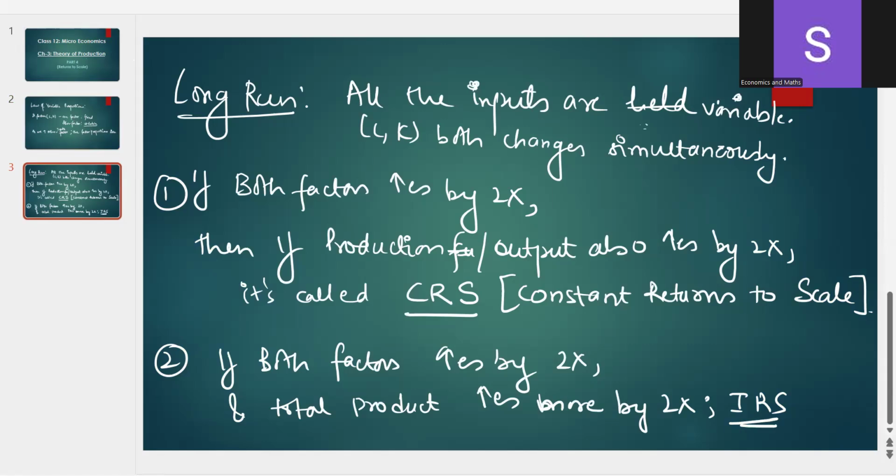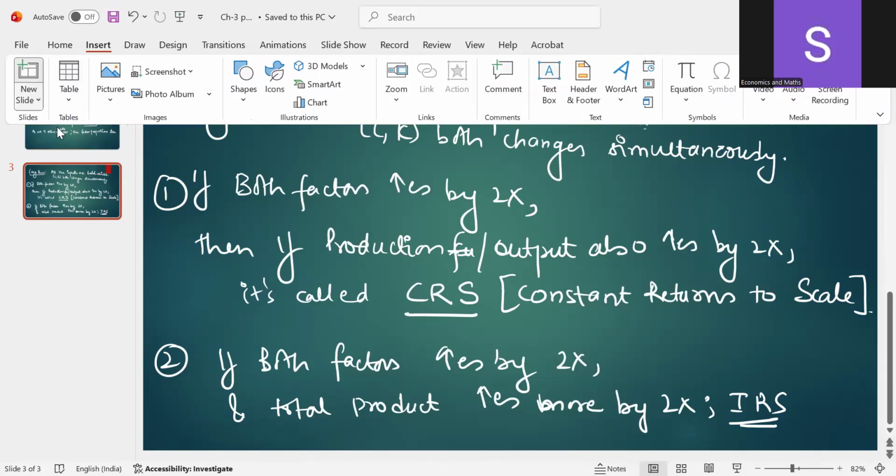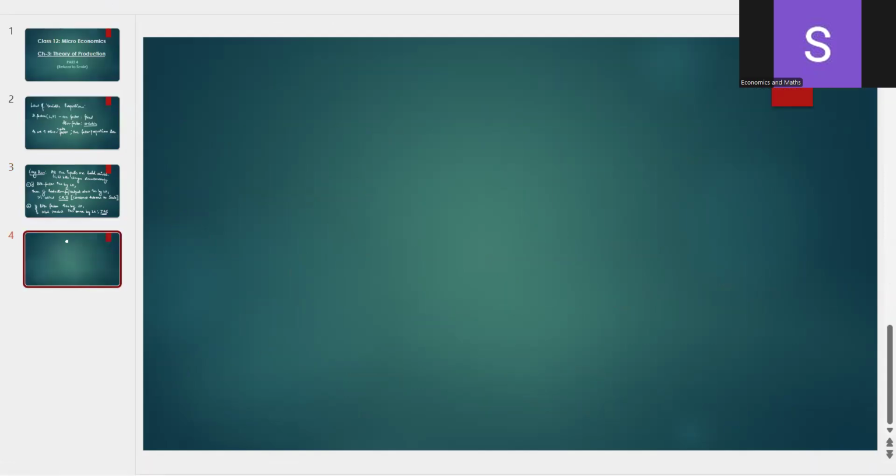In the third scenario, we will also understand this mathematically.